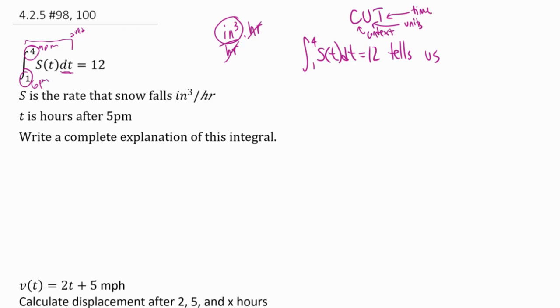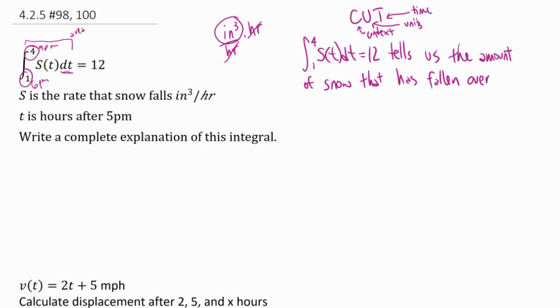So always include context, units, and time. So the integral tells us the amount of snow. That's our context. That has fallen. And then look at your bounds from 1 to 4.